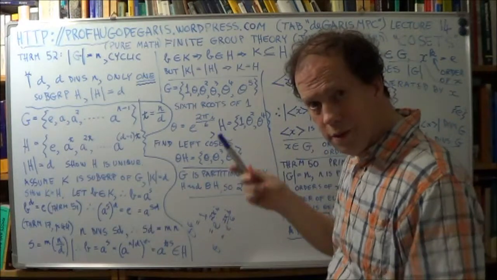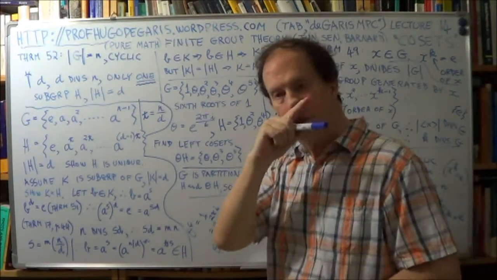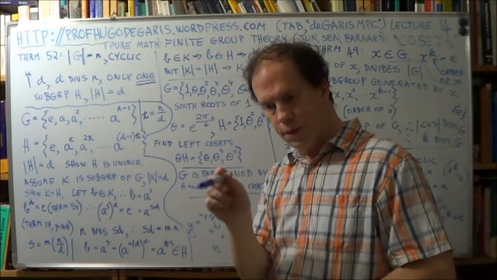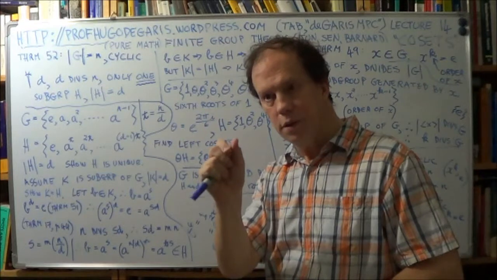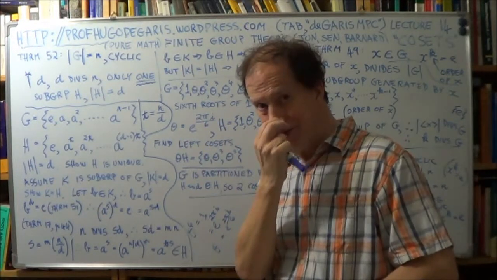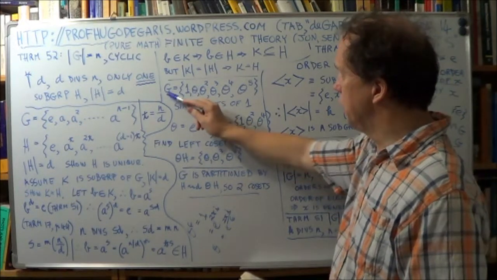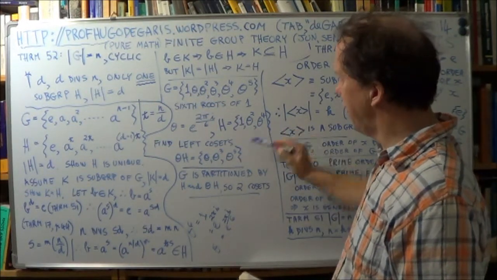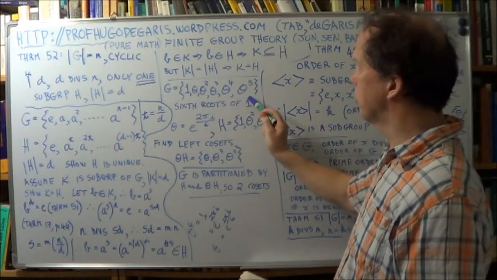If you union the two cosets, remember the theorem that your set G is a union of disjoint cosets? Well, if you union that with that, those two cosets, you'll get the whole group.